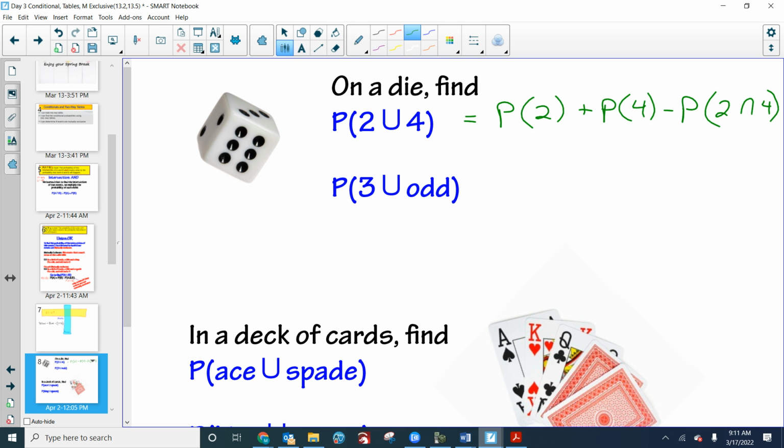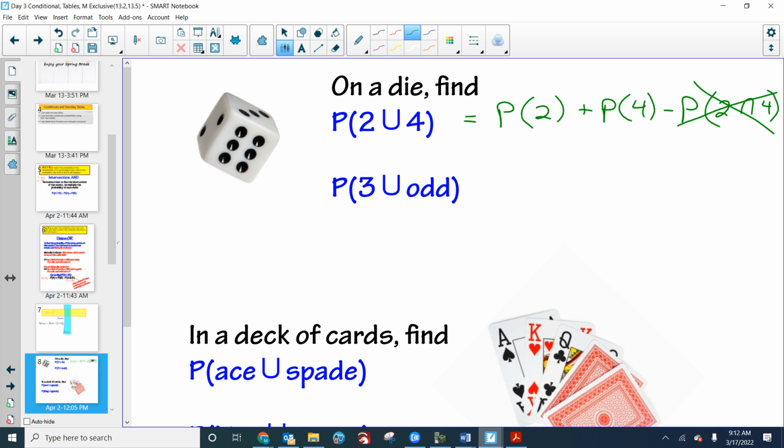Wait a second, what's wrong with that? There's never a time when you roll one die that it's going to pop up as both a 2 and a 4. Do you agree? Because these are mutually exclusive. This is not necessary on this example.